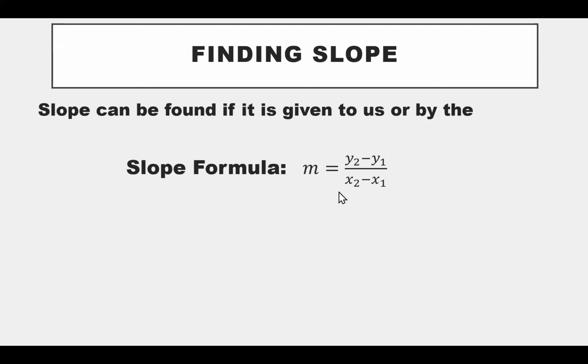Or another way we saw earlier is the slope formula. If I know 2 points on the line, then I'm going to be able to calculate the slope using this slope formula. And then once I found the slope, then I can plug in one of those points to find the b.